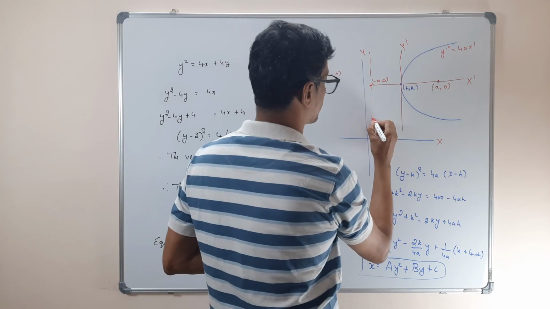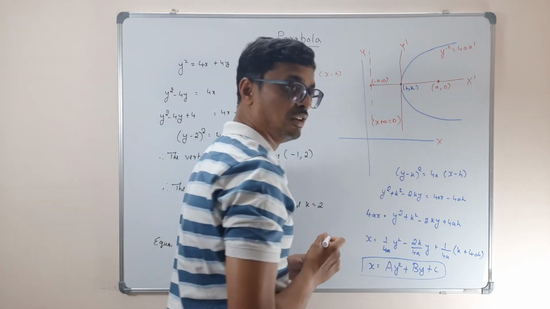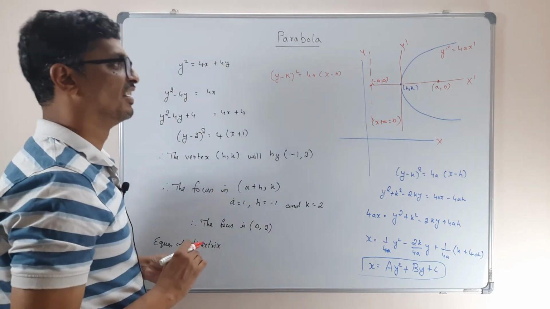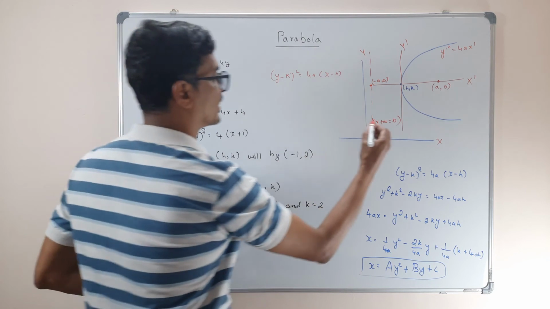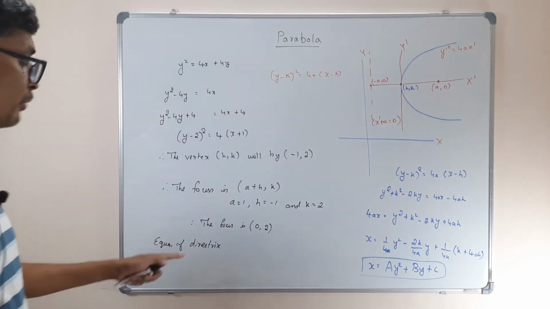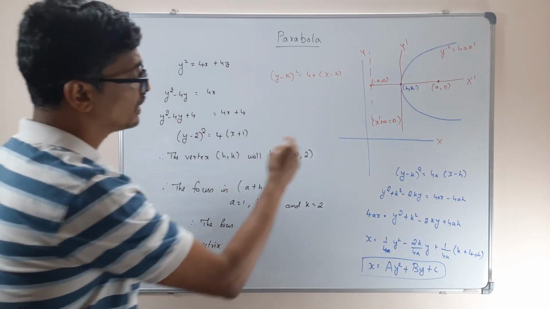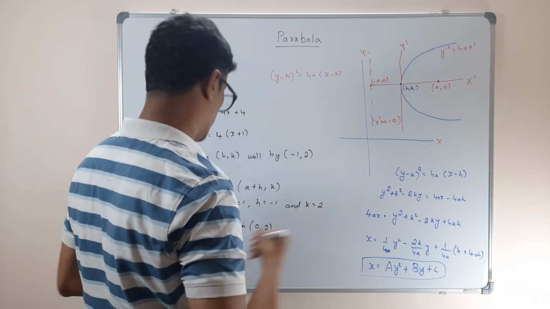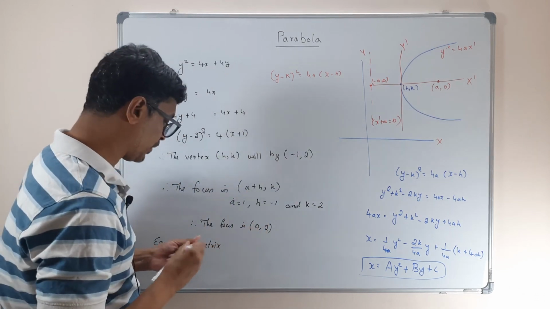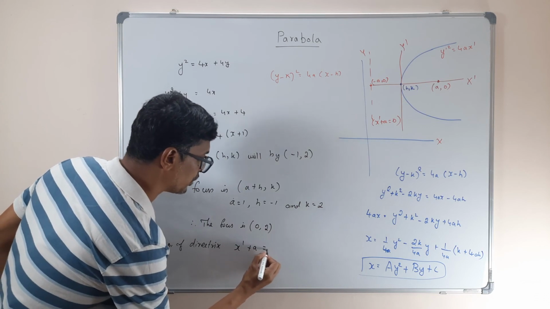So the equation of the directrix is x plus a equal to 0. It's not x, it's x prime, right? Exactly. So x prime plus a equal to 0.